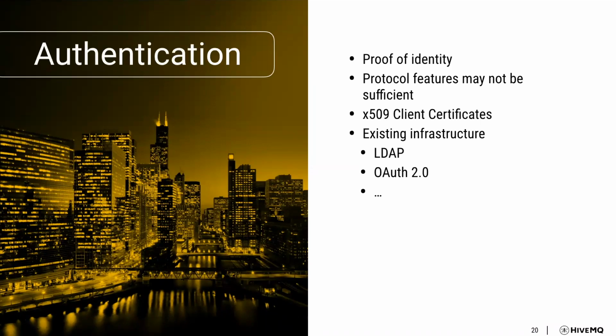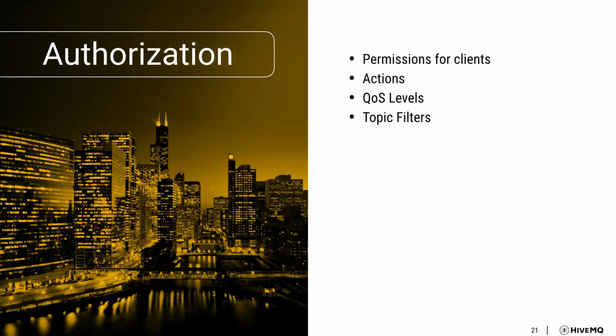So once we took care of authentication and we are sure that only those communication partners that we want take part in our communication, the next step is authorization. In my opinion, this authorization is also an absolute must.